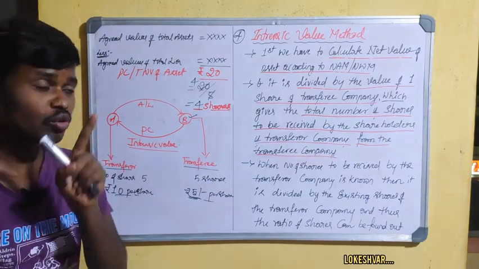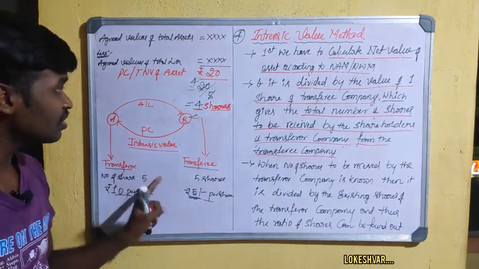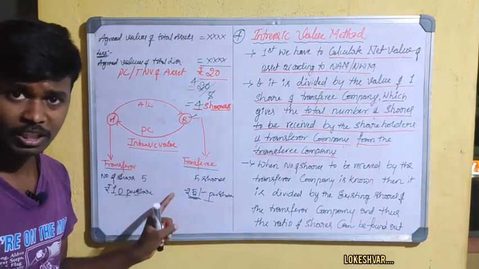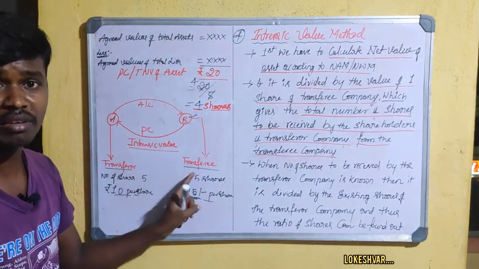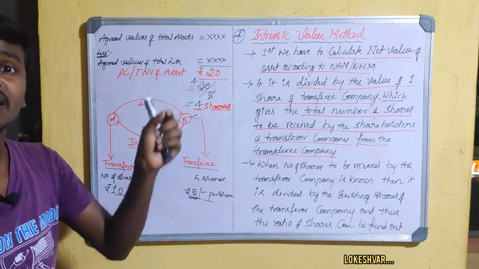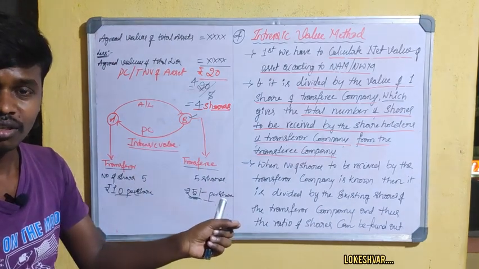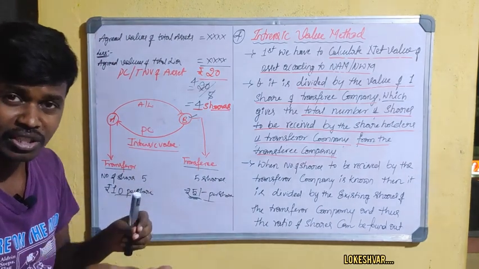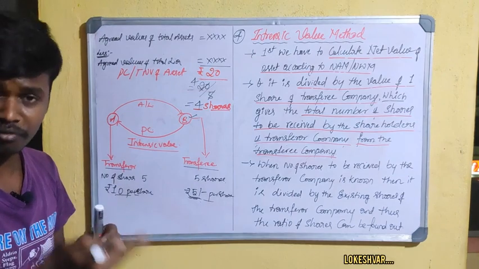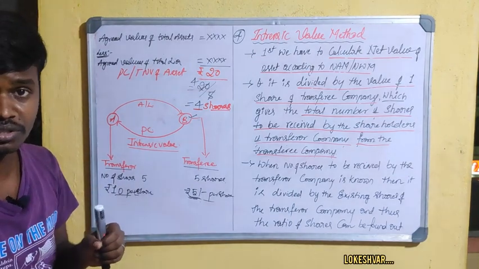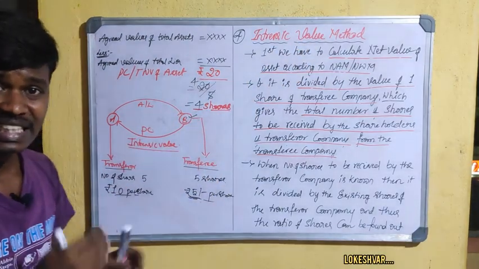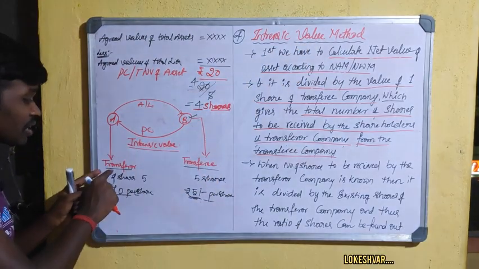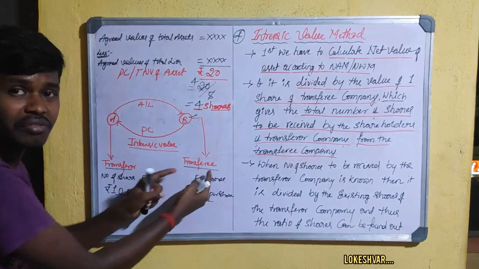But one thing you have to keep in mind, in this intrinsic value method, the purchasing company, that is the transferee company, is not going to give any cash. Instead, it is in the form of equity shares, or preference shares, or debentures. Only in this intrinsic value method, the shares of the transferor company are exchanged with the shares of the transferee company.